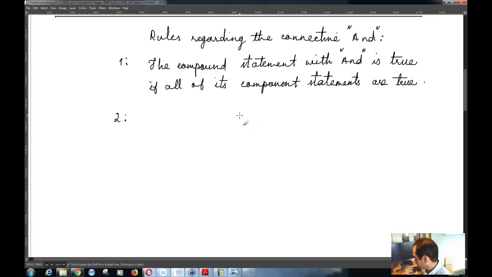I think the original sentence has a mistake: they wrote component statement, but they meant compound statement.